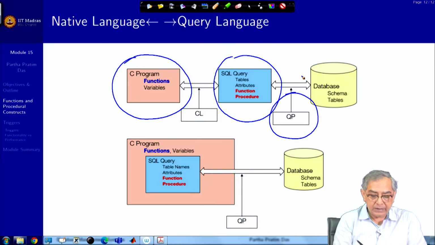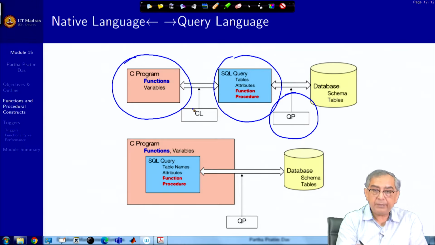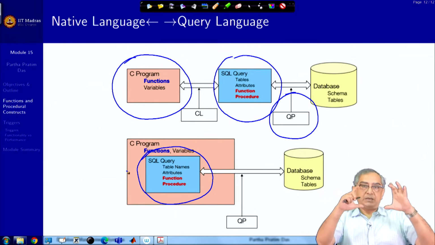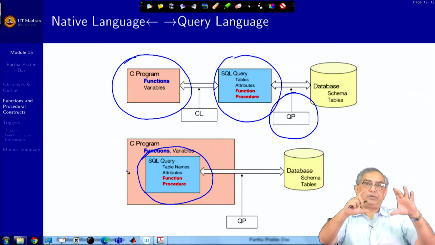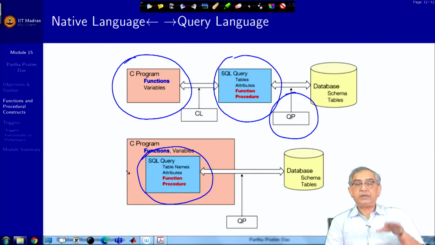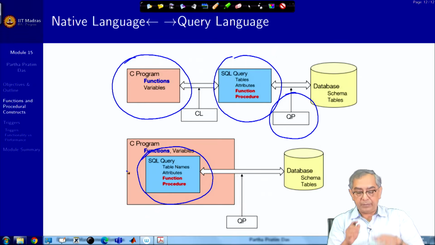The other model is, instead of having them independently, you have the SQL embedded as a part of the native language program code. So, it comes as a part of, say, a C function you are writing. In between that, there is a certain way to put SQL commands, SQL statements. So, that is more of a strongly embedded programming.